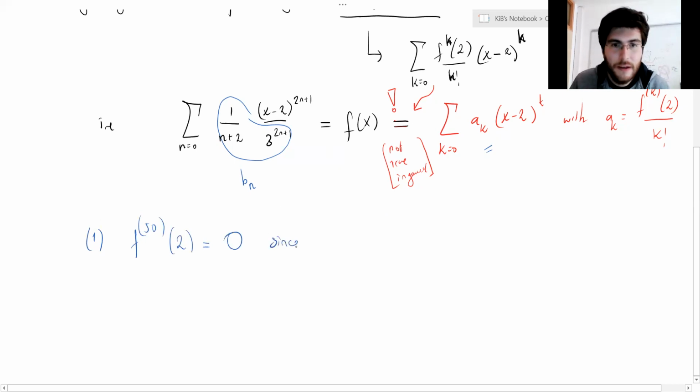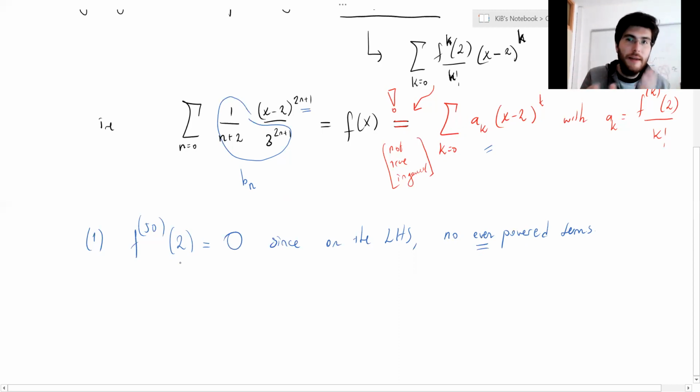Since on the left-hand side there are no even power terms, there is no such term, therefore this is automatically 0. We just compare the right-hand side and the left-hand side, but we should be careful.